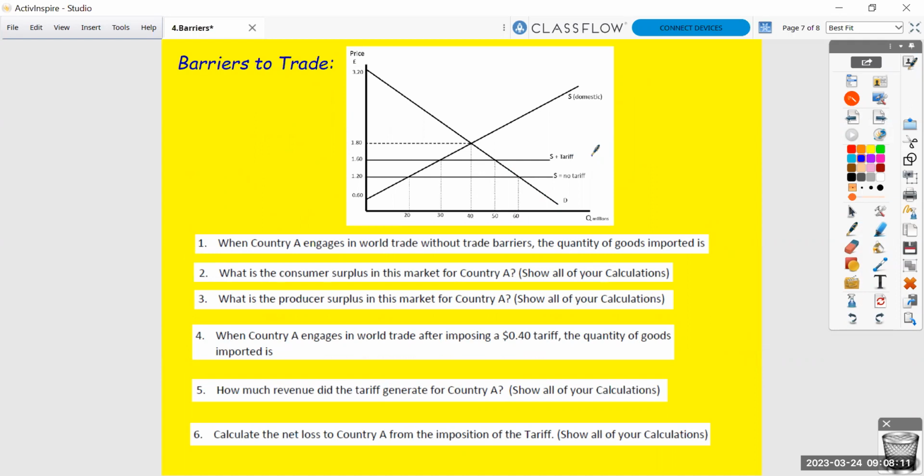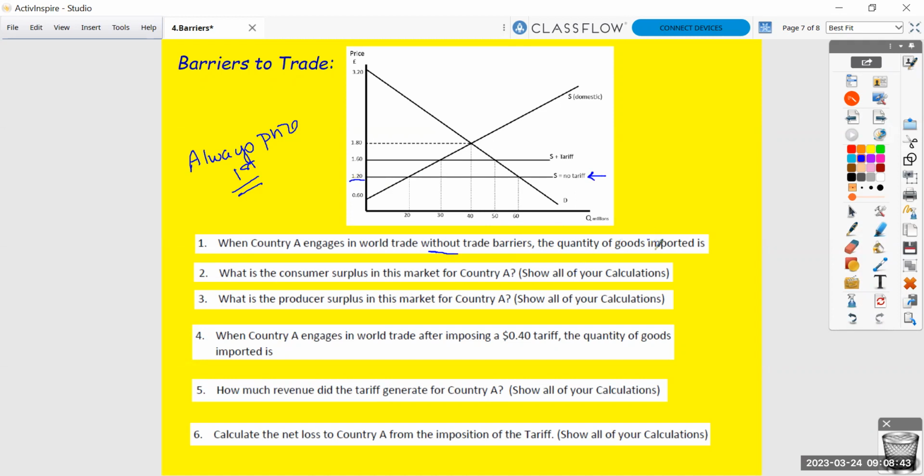Okay, so this one is much more like the second graph, graph B, that we did. When country A engages in world trade without barriers, what is the quantity of good that's imported? Remember what I told you: always find the price first. Without trade barriers, we go to this supply curve to find that it's 120 pounds.